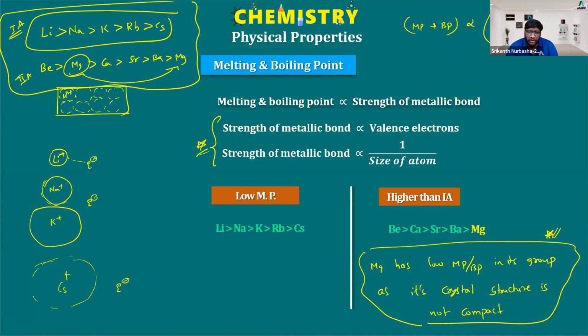Whenever the crystal structure is great, then only we have a higher melting point or boiling point. That is not there for magnesium.